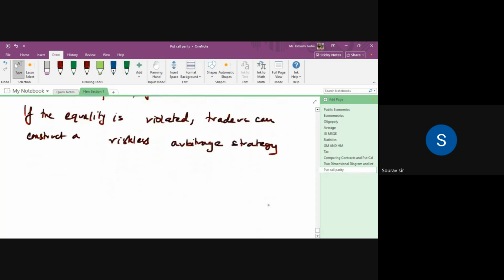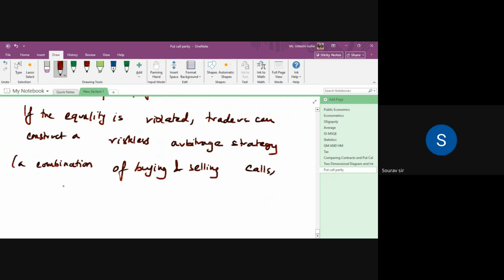That is a combination of buying and selling calls, puts and or the stock to lock in risk-free profits.